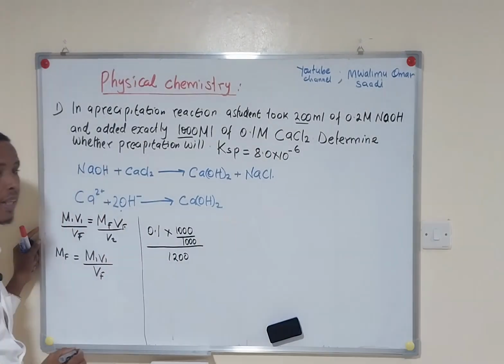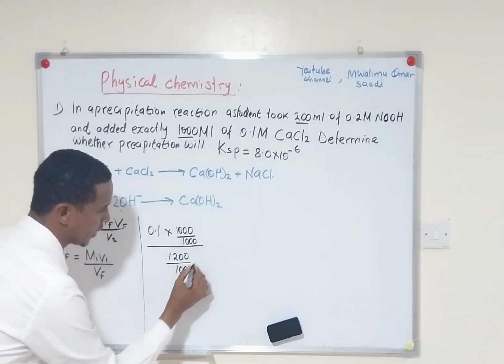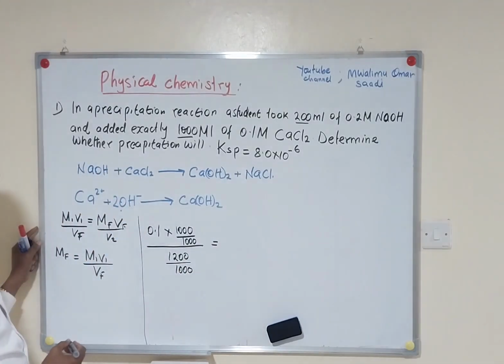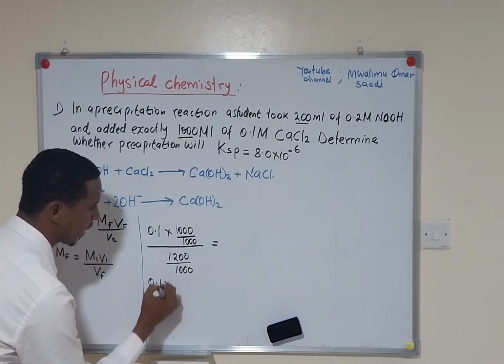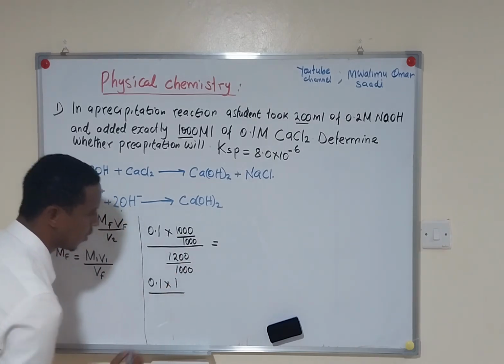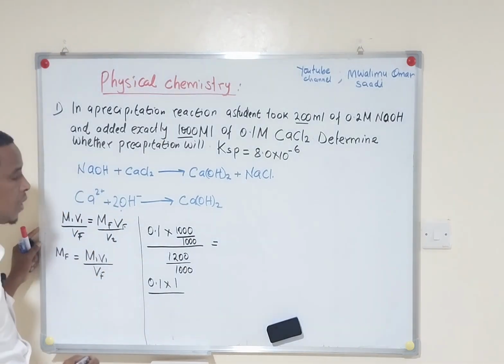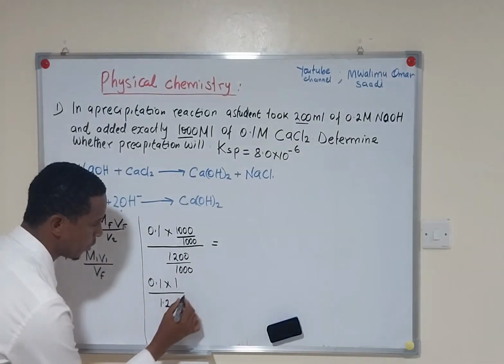Since it is ml, we change to liters. So that will be 0.1 times 1000 over 1000 is just 1, all over 1200 over 1000, that is 1.2.